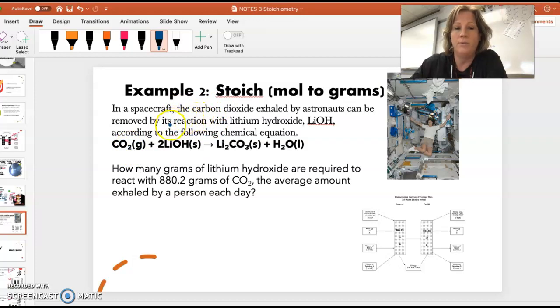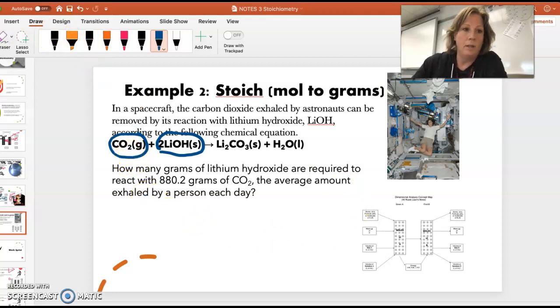So what we do is we react it with lithium hydroxide to form lithium carbonate and water. The question is, how many grams of lithium hydroxide are we going to have to pack? How much would be required if 880.2 grams of carbon dioxide is what an average adult exhales per day?